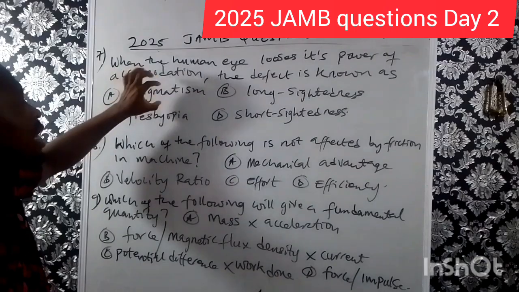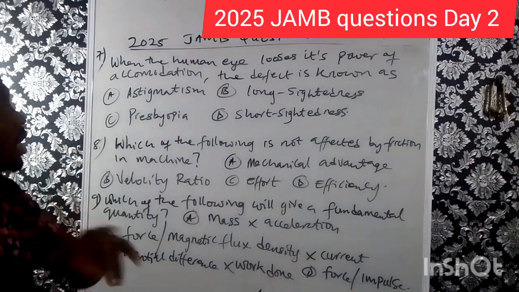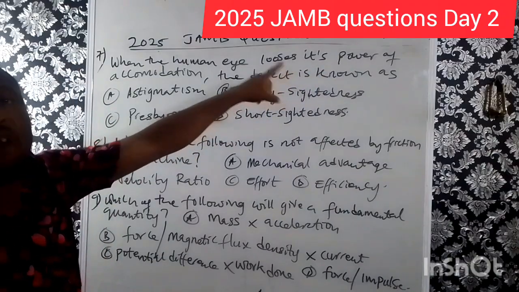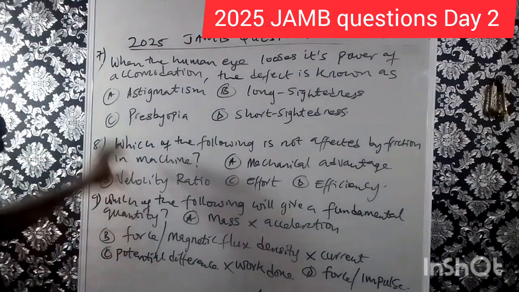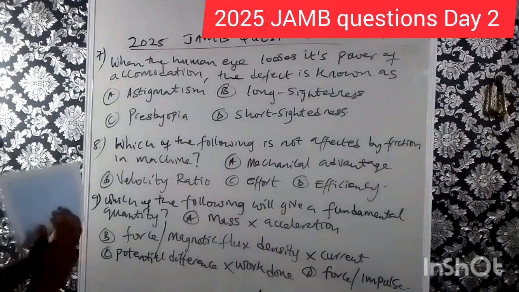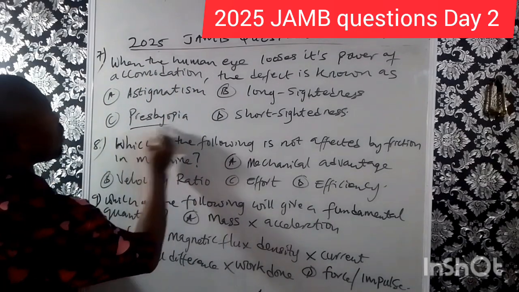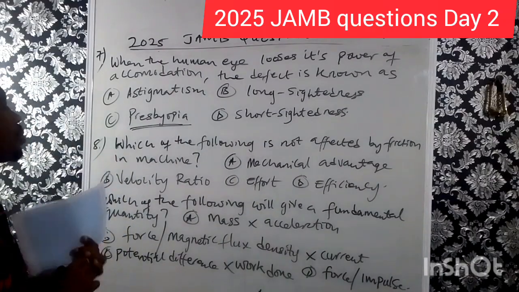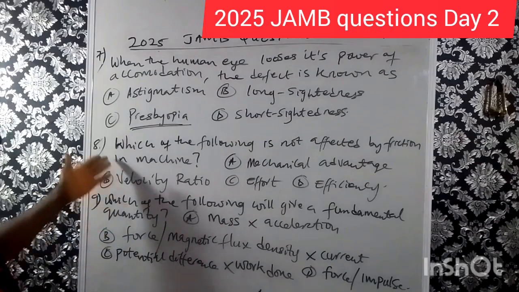So when the vision is distorted, it has not lost its power of accommodation. So in other words, when the human eye loses its power of accommodation, it results in what we refer to as presbyopia.